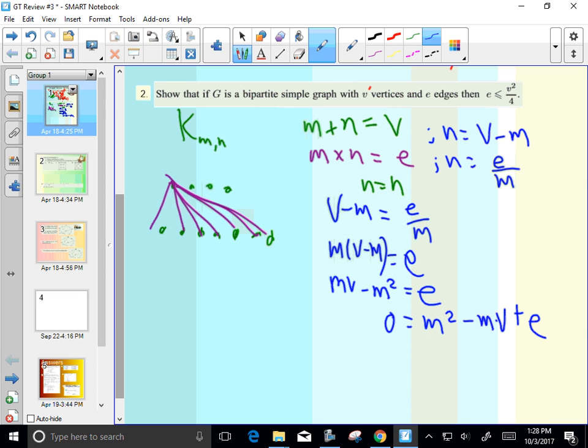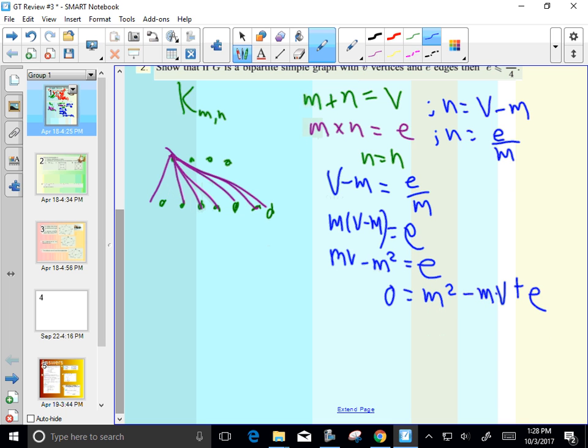This looks to me like a quadratic. And we'll call this A, this B, and this C. Did I lose anybody? That's further math, not honors pre-calc.